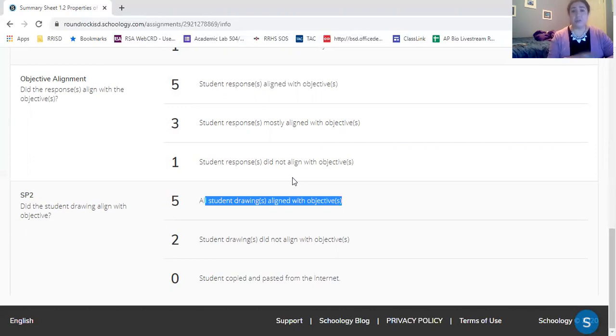Please double check to make sure that we can see it, that it's not too blurry, that it's not too dark. If we're having trouble making out what your picture is supposed to be, we're just going to go with 0. And it's going to be, I can't see, I can't confirm that it even aligns with the objective or that it's even a drawing. So just double check to make sure that when you take the photo and you insert it, that it looks good.